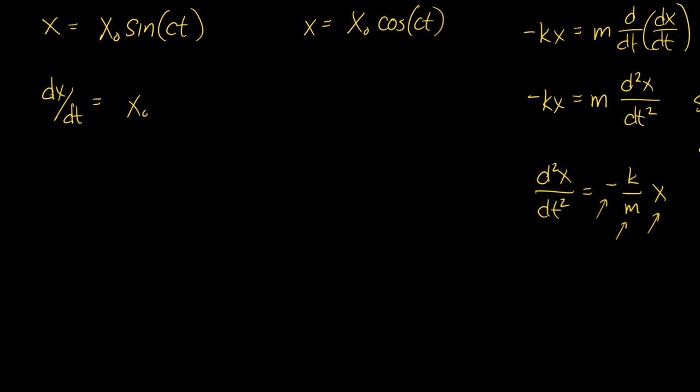So it's x naught cosine ct. But I have to use the chain rule, so I have to take the derivative of ct with respect to t, which just produces a constant. Reorganize it, and I'll get c x naught cosine ct.